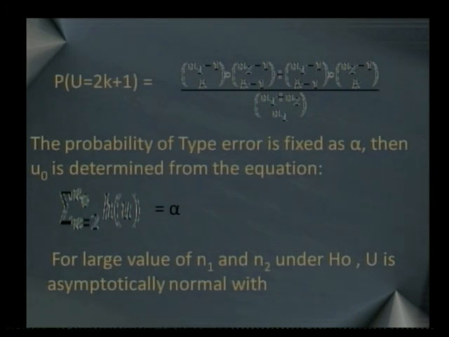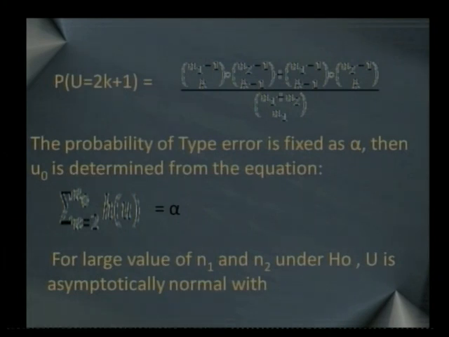Here the probability of type I error is fixed, say alpha, the level of significance, and u0 is determined from the equation summation of h(u) from u equal to 2 to u0 equals alpha.